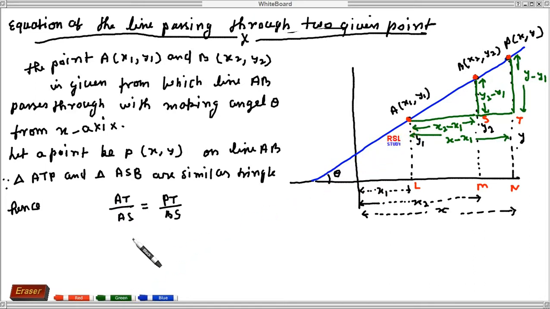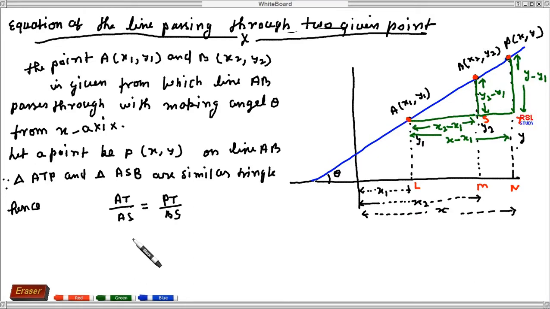AT by AS means this is the AT length, in the big triangle, and this is the AS length. So AT by AS means first of all we will write the big length and then the small length.